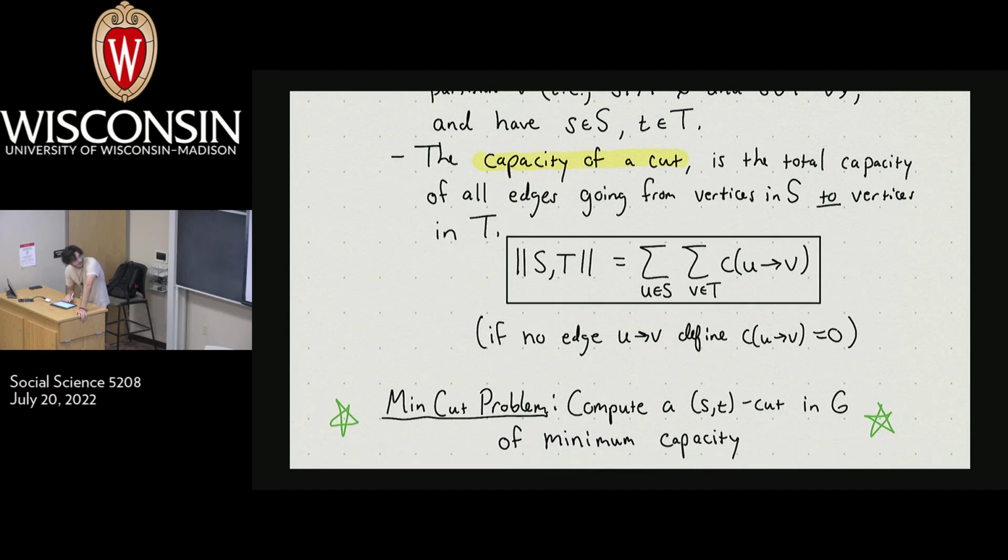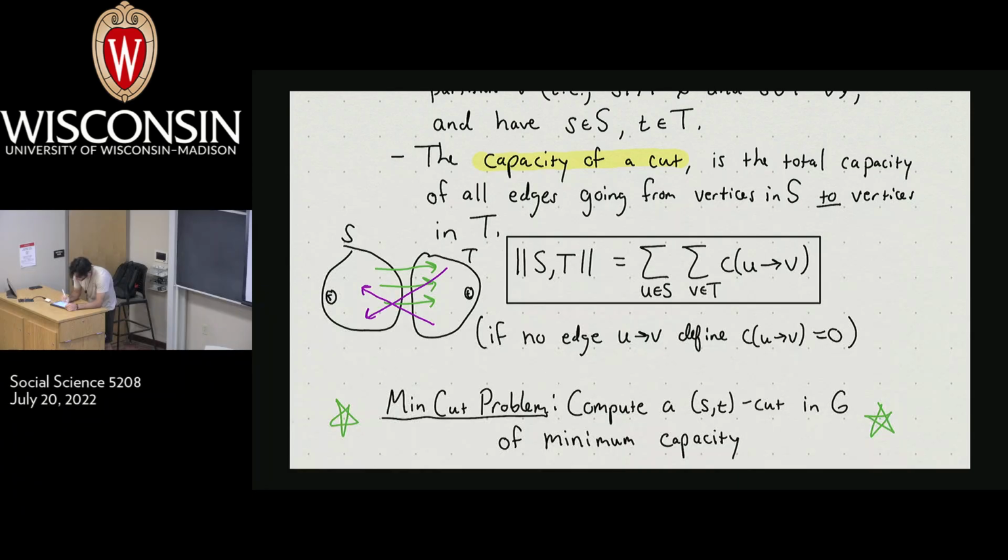In particular, we only care about edges that leave S and go to T. We don't care about the other way around. So if this was S and this was T, you have little s, little t. Then any edges, these green edges, count towards the capacity of the cut. But these edges would not count. We would ignore those in the capacity of the cut.